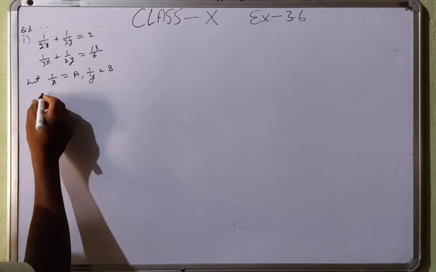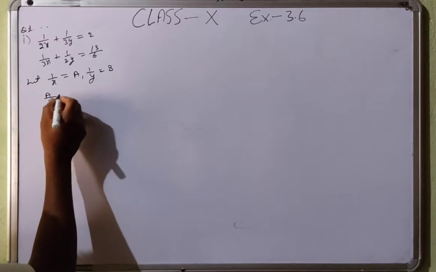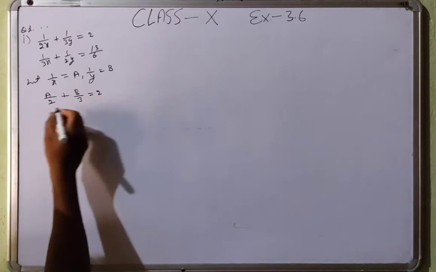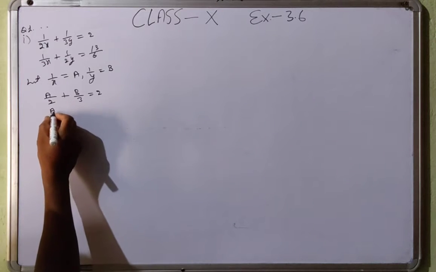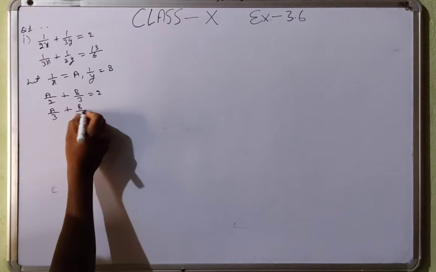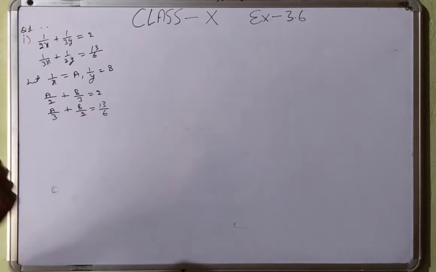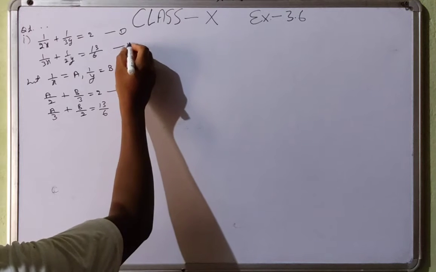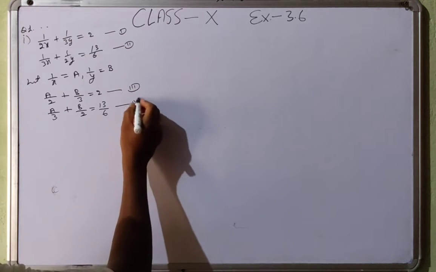So the equations become a upon 2 plus b upon 3 is equal to 2, and the second equation, a upon 3 plus b upon 2 is equal to 13 upon 6. This is the first equation, the second equation, then the third and the fourth.